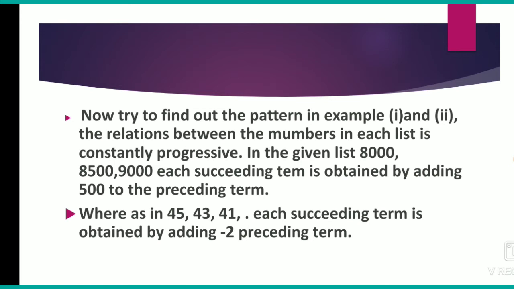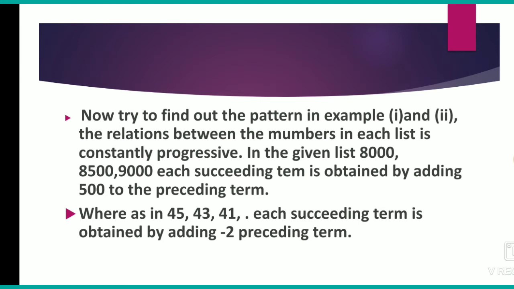Constantly progressive means 8,000, 8,500, 9,000 are simply increased by a constant number, that is 500. So in the given list, each succeeding term is obtained by adding 500 to the preceding term.